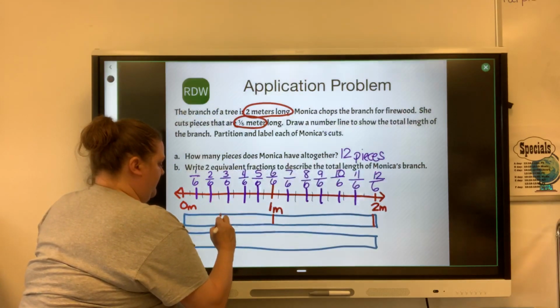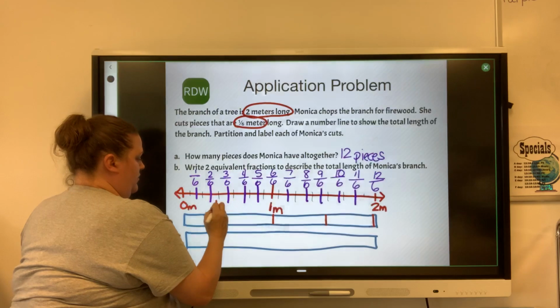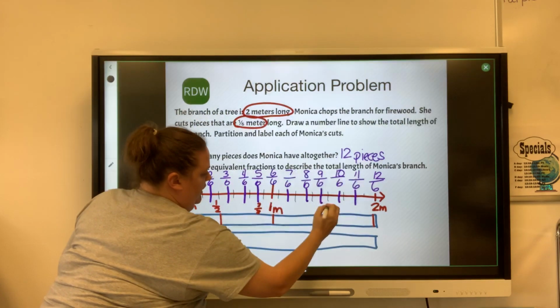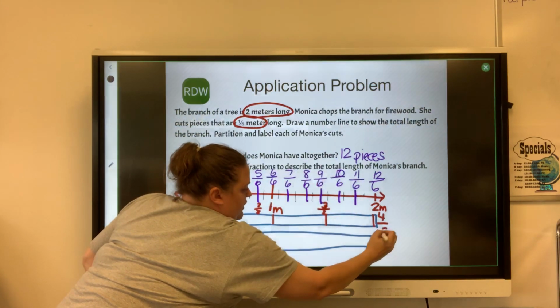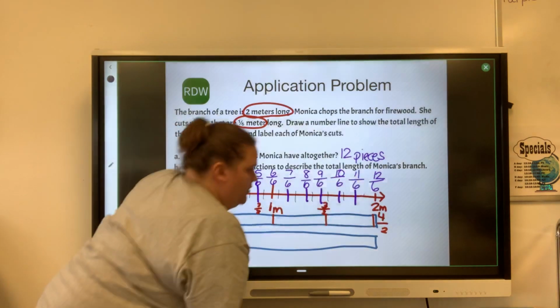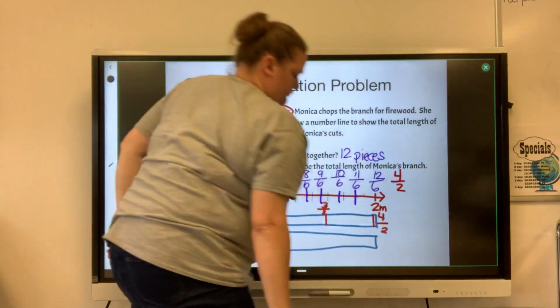So I'm going to divide that one in half and that one in half. So if this is a half, this is 2/2, 3/2, this would be 4/2. So one other way to write an equivalent fraction would be 4/2.